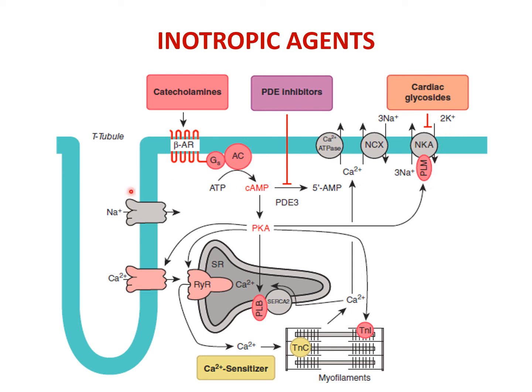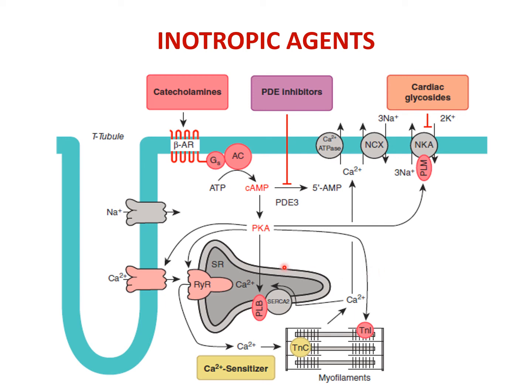After the action potential is over, the excess sodium present in the cytoplasm will be removed by this sodium potassium ATPase, and similarly the excess calcium will be removed through the sodium calcium exchanger. One calcium ion will be removed in exchange with 3 sodium ions. And calcium ATPase present in the membrane is also responsible for removal of the excess cytosolic calcium. All these actions will bring the cardiac contraction to an end.